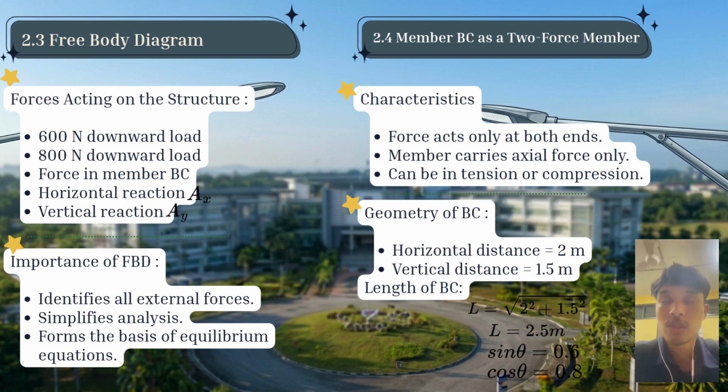2.4 Two-force member theory. Member BC is classified as a 2-force member because forces act only at its 2 ends. According to statics theory, a 2-force member can only carry axial forces, meaning it experiences either tension or compression.